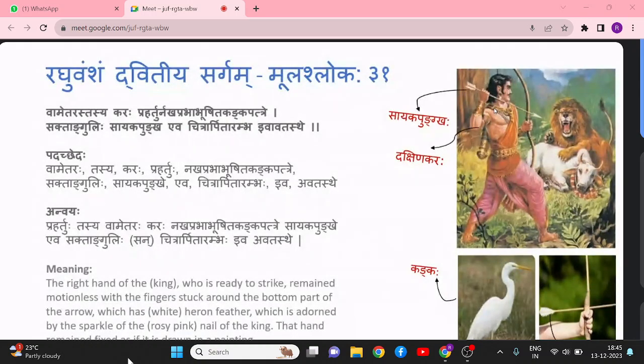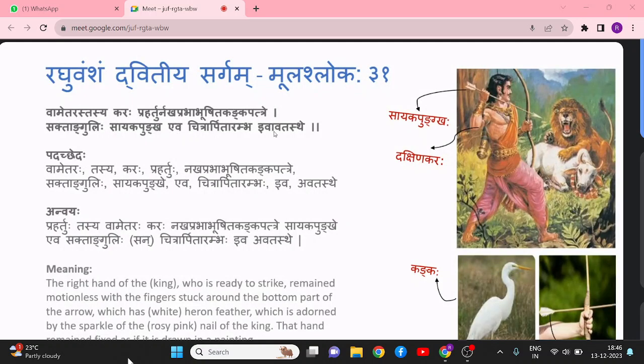As the tip is at the bottom part of the quiver, he is holding the real bottom of the arrow with his hand, and this part is adorned by all of that. And then the next word is saktangulihi. Sakta, it seems, means stuck. Angulihi, the fingers are now stuck at the sayaka punkhe, which is described by all these things.